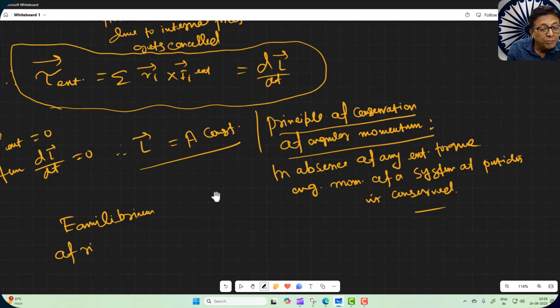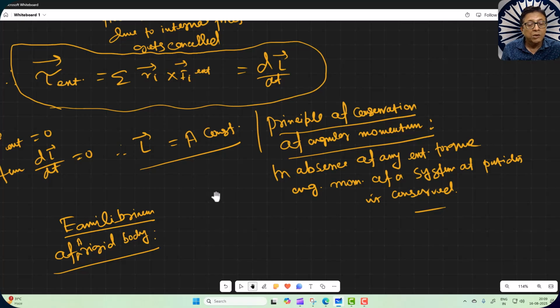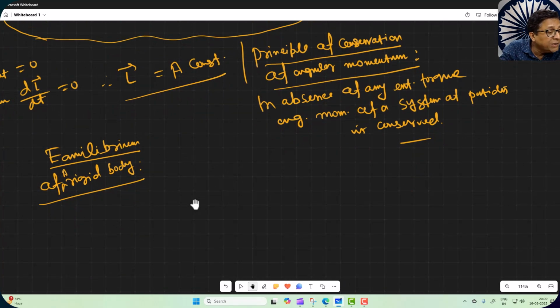Equilibrium of a rigid body, okay. So rigid body equilibrium means it doesn't have any accelerated motion. Equilibrium means that with uniform velocity it can go, but no accelerated motion.